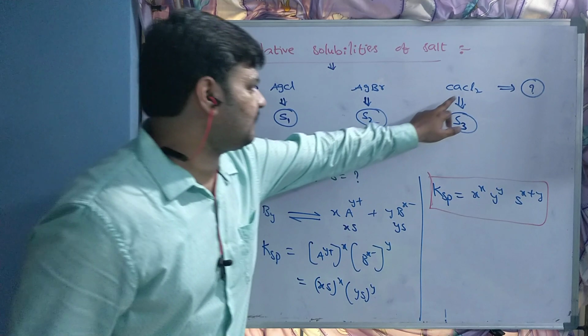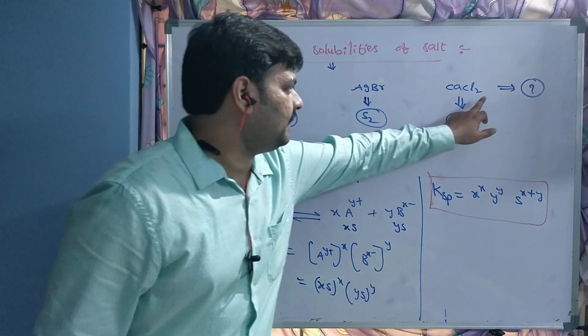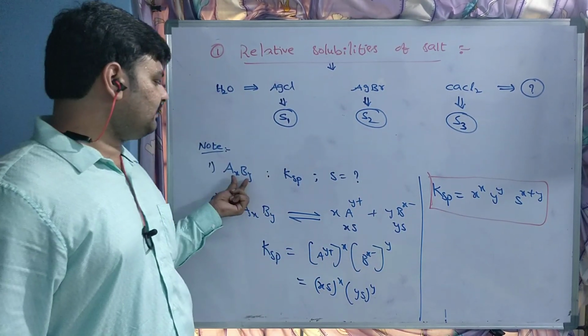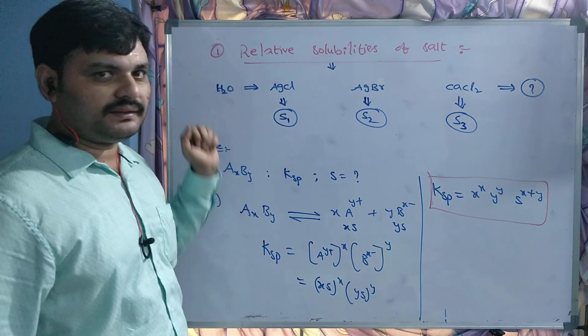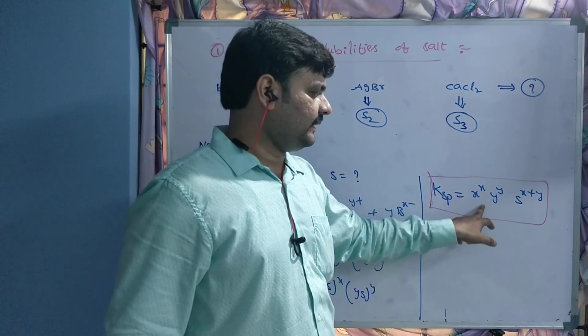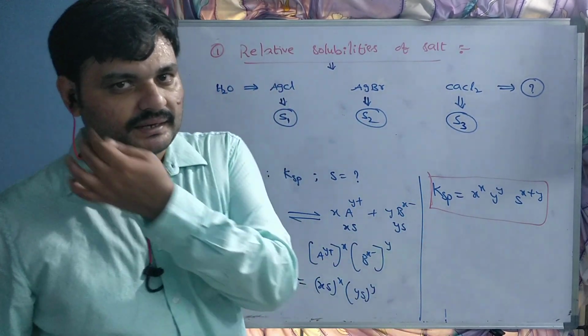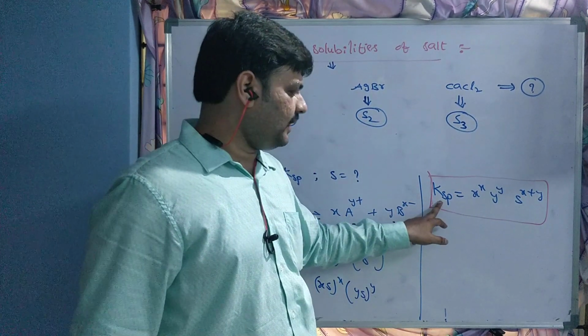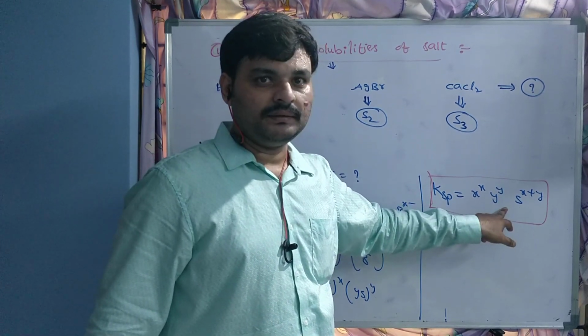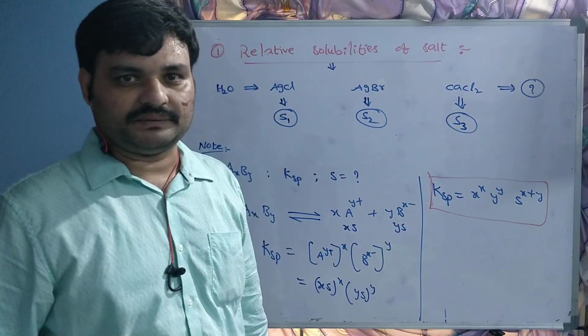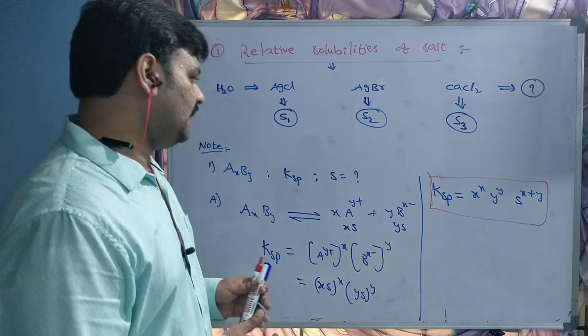So, in the place of x, here 1. In the place of y, here 2. So, by seeing the salt, we can substitute the x and y values. KSP value is the experimental value. So, by knowing the KSP value by experiment and the x and y values, we can get the S value. That is the method to calculate the solubility.